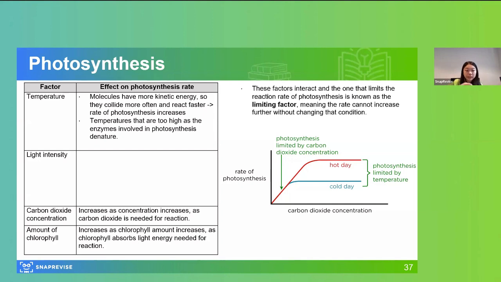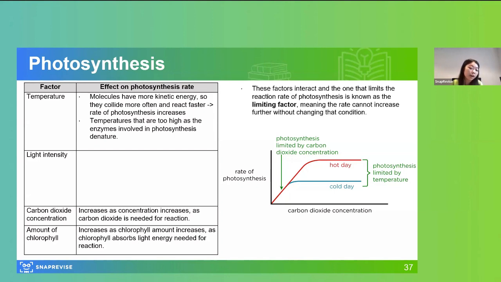So temperature increases the kinetic energy and increases the rate of photosynthesis to a certain point. And when the temperature is too high and the enzyme denatures, it's just going to go straight down. There's no more activity because once it's gone, it's gone. Light intensity, very straightforward: higher light intensity, higher rate of photosynthesis.